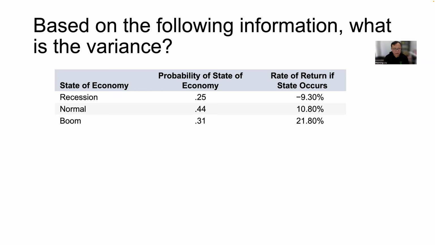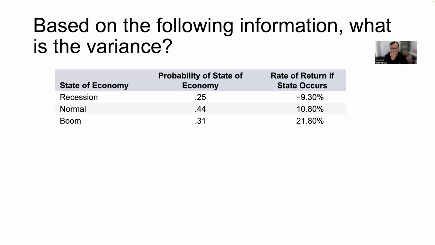For boom, you have a 21.8% return, normal 10.8%, and recession a loss of 9.3%. For each possible outcome, the probability is also provided: 25% for recession, 44% for normal, and 31% for boom.